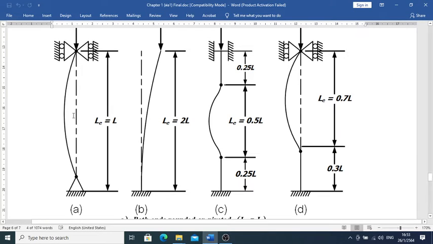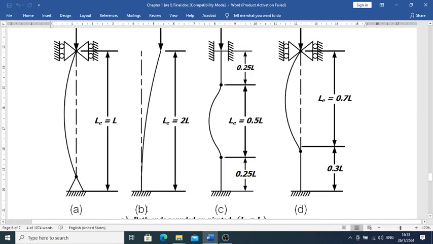The first end we just fix, and then we have a joint there, and another joint there. We have another end where we just apply the force on it. We allow it to move in the up and down position, but not on the side, so the L sub E equal to L respectively.